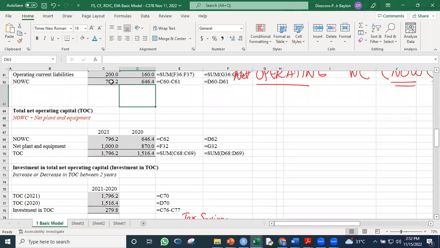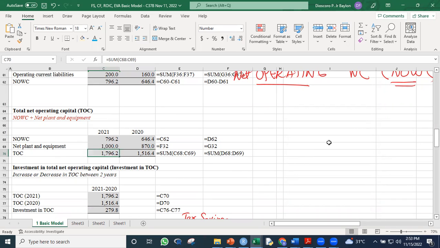For TOC, we take whatever net operating working capital we have and add to it the net PPE, the net plant and equipment. The total gives us TOC. So this is the total operating capital at the beginning of 2021, which means that management was provided at the beginning of the year with 1516 operating capital to use for the operations.